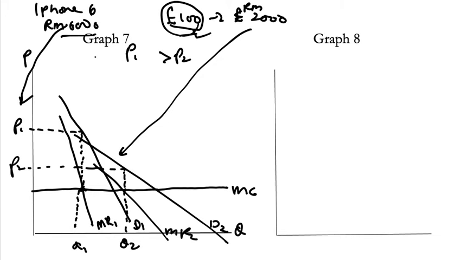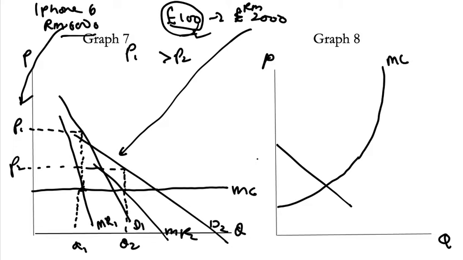Now, can we explain this in the form of a graph? Yes, we use graph 8 here. So let's say price is here, quantity is here, and then I'll show you the marginal cost, which is increasing. So this is the marginal cost. During normal time, let's say it is here, D1, MR1, MR1 equals MC, P1, Q1.